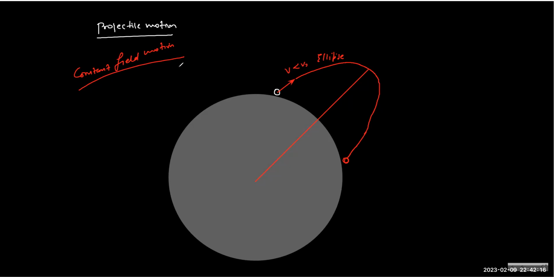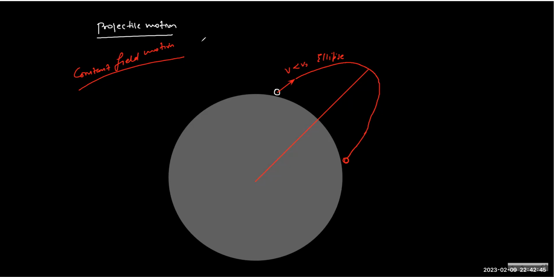Now, when we say the field is constant, the meaning is that the force of the field is unidirectional. And it is not only unidirectional, it is constant in magnitude and direction both. When the force acting on a moving object is constant in both magnitude and direction, then only we talk about projectile motion, then only the formulas are applicable.